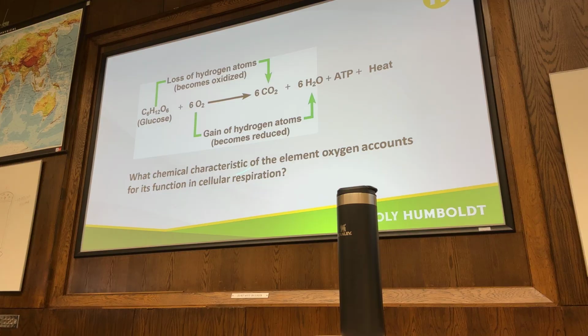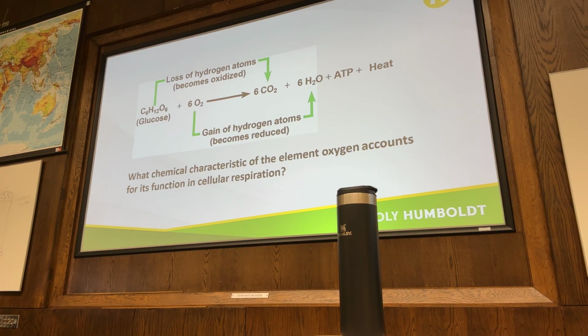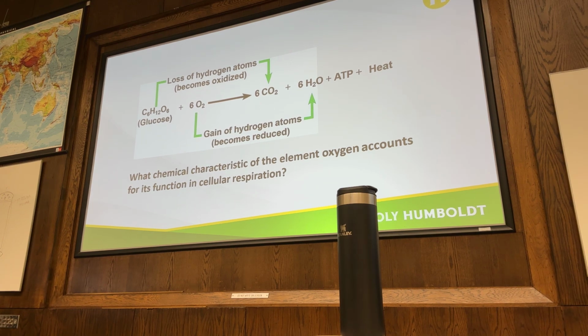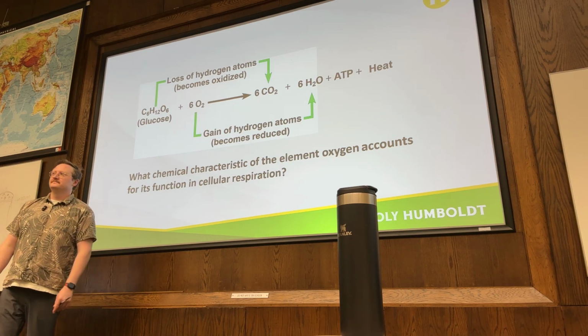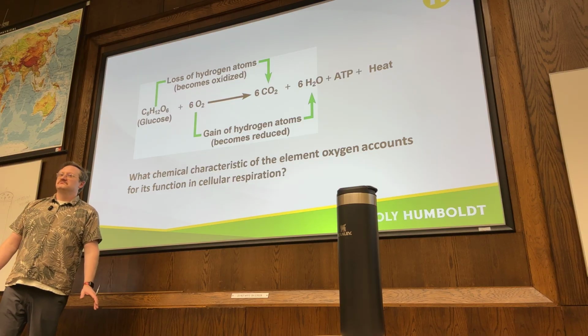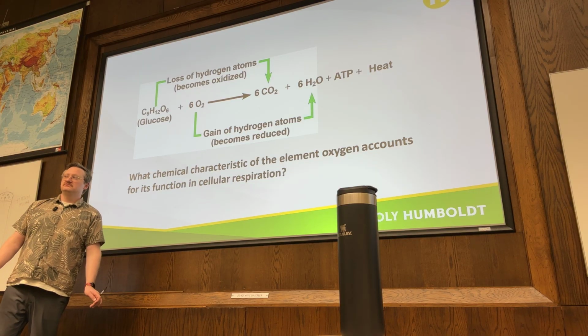As oxygen gets reduced, it takes on hydrogen ions, and it becomes water. As glucose gets oxidized, and electrons get stripped off, this breaks covalent bonds in glucose's structure, and it breaks down to carbon dioxide. Cool?